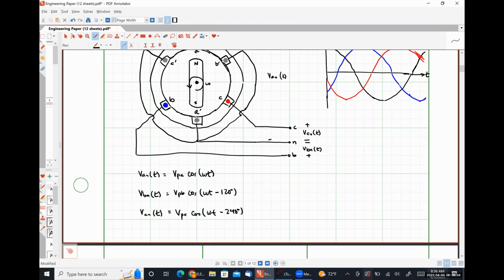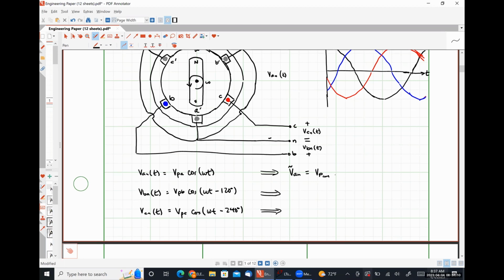Okay. So we don't really look at things in the time domain much because the math is really difficult. So from here, we can express each of these induced voltages in the RMS phasor domain as VAN is going to be our phase voltage, and this is going to be an RMS value, so I'm just going to put a subscript RMS here with an angle of 0 degrees.